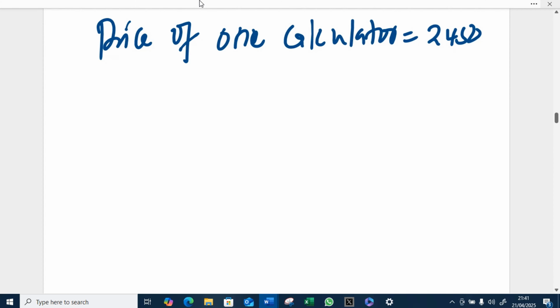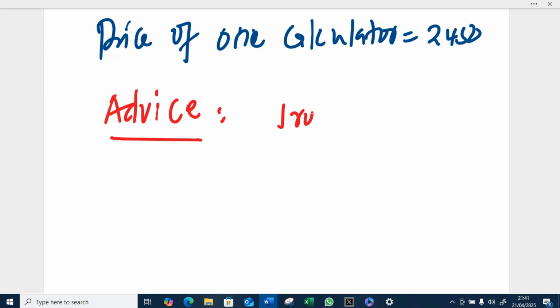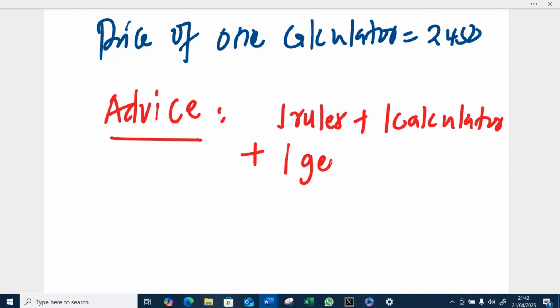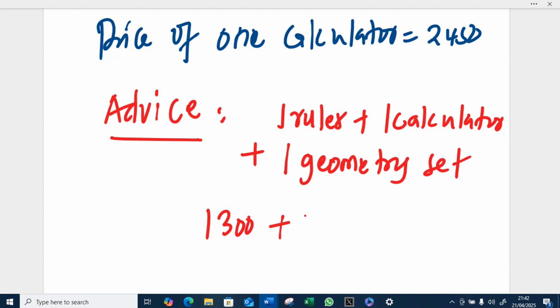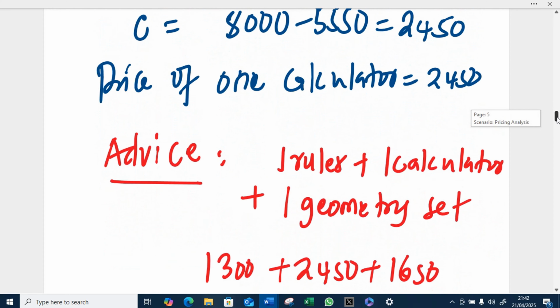But now we have to advise. So the advice that we give, remember we said we want one ruler, one calculator, one geometry set. So if that is to be possible, remember we have already obtained r. So this will be 1,300 plus one calculator 2,450 plus 1,650. All these values have been obtained above.